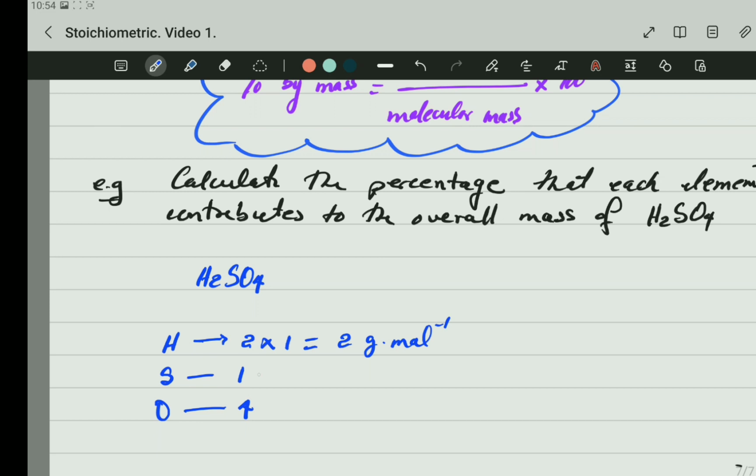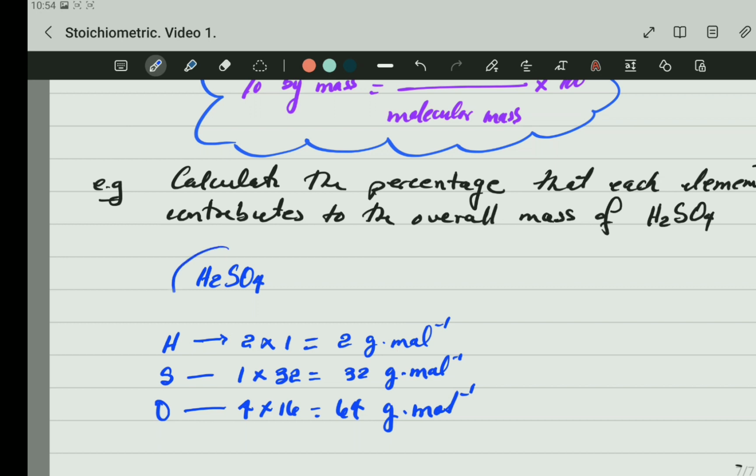Sulfur is going to be 1 because it's only 1 sulfur in the molecule, times 32, which is the molar mass of sulfur. This is 32 grams per mole. And then for oxygen, oxygen is 16, so you will get 64 grams per mole.